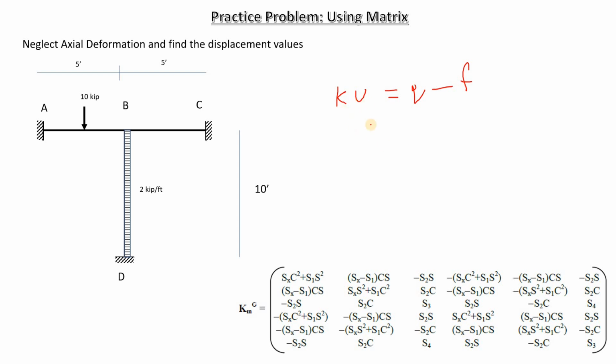So you know the Q value, the U value is only theta B. Place the K value here, place the equal to, Q value is also 0, so we're just going to have minus F. So K theta B equals minus F. From here we can easily get the value of theta B.